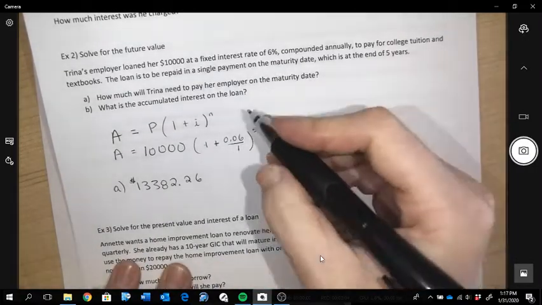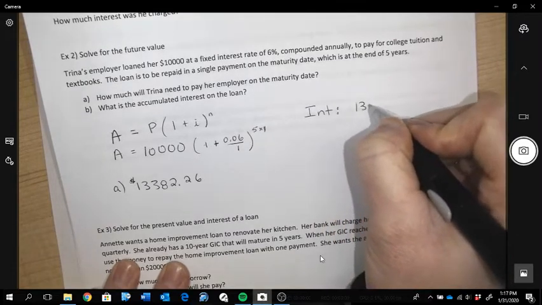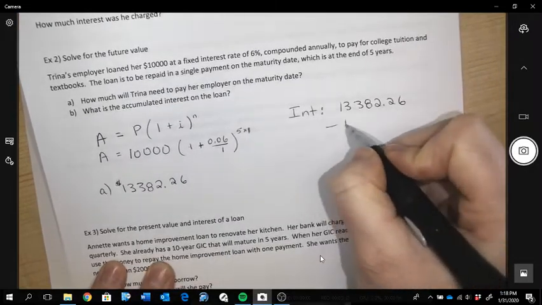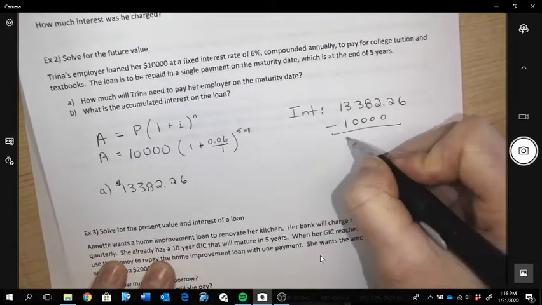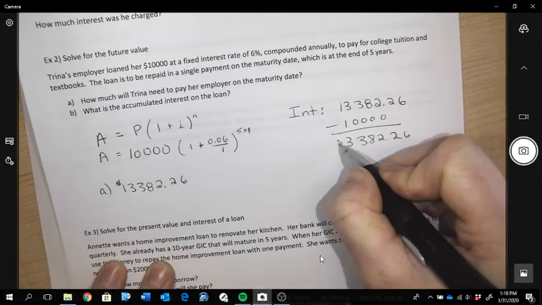What is the interest on her loan? So the interest would be that she paid this much altogether, and her loan was for this much. So she paid over $3,000 of interest.